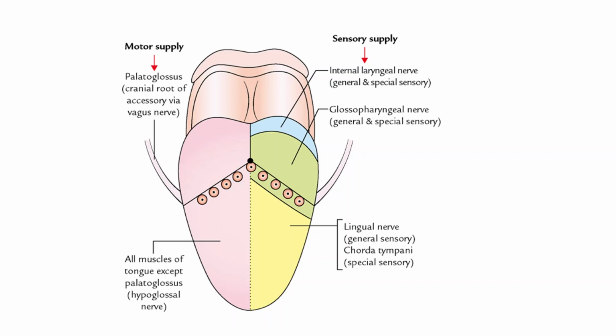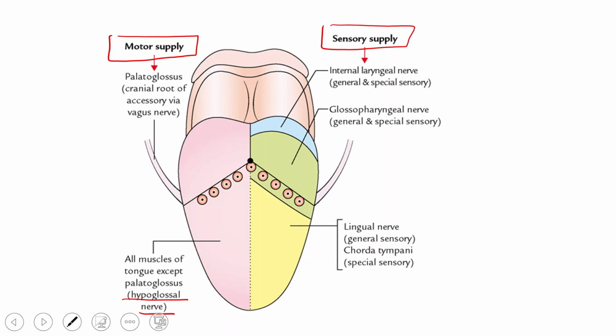Moving on to the nerve supply of the tongue. The nerve supply of the tongue represents the motor nerve supply and the sensory nerve supply. The motor nerve supply supplies the muscles. All the muscles of the tongue are supplied by the hypoglossal nerve, except one muscle, that is the palatoglossus, which receives its nerve supply from the cranial part of the accessory nerve via the vagus.